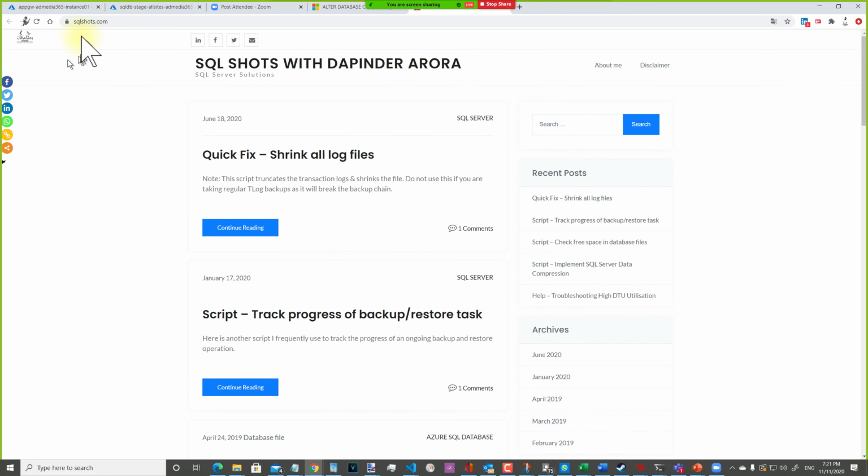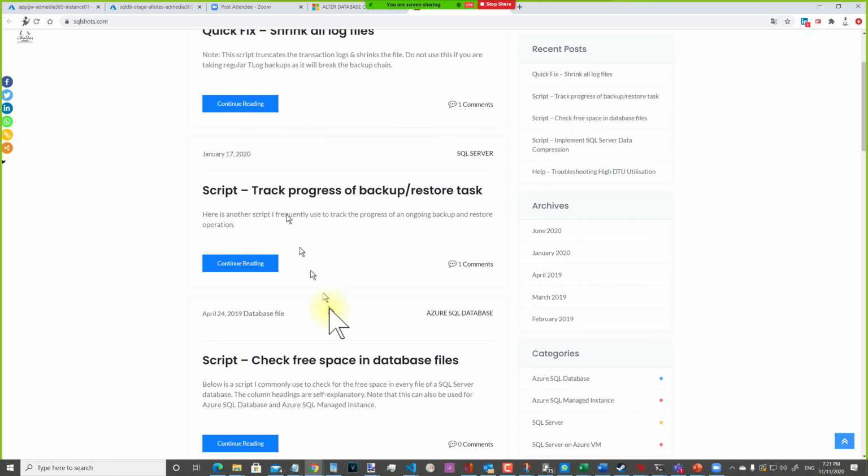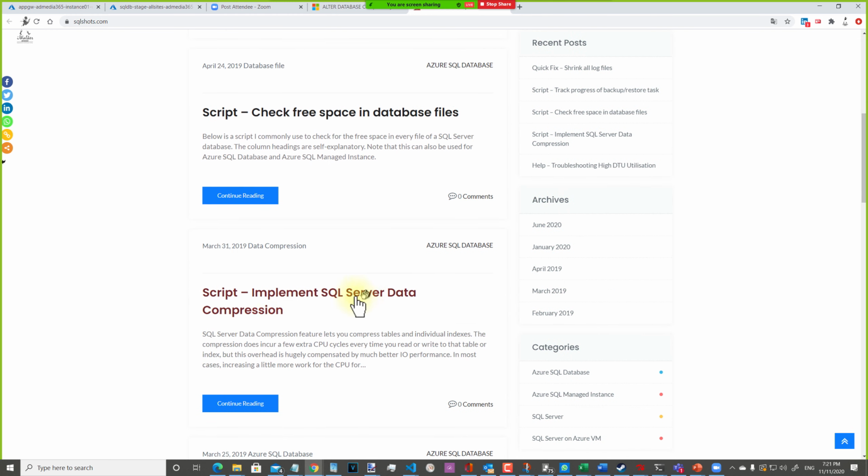Here, sqlshots.com, you can find all of this stuff that will be really important for you to check, for example, log files, to check the space, to work with the high DTU, to work with the indexes, update the statistics, because it is important.